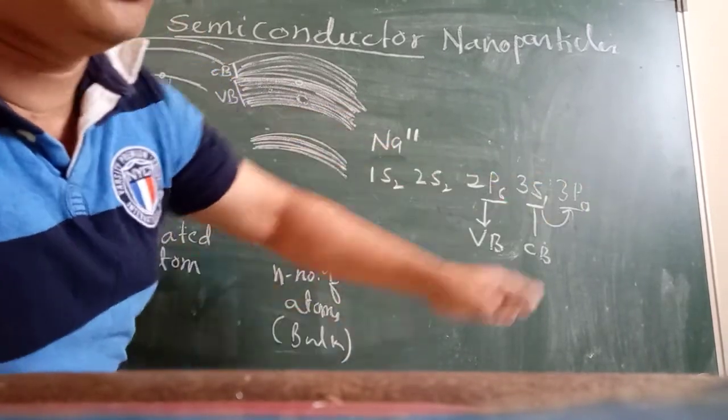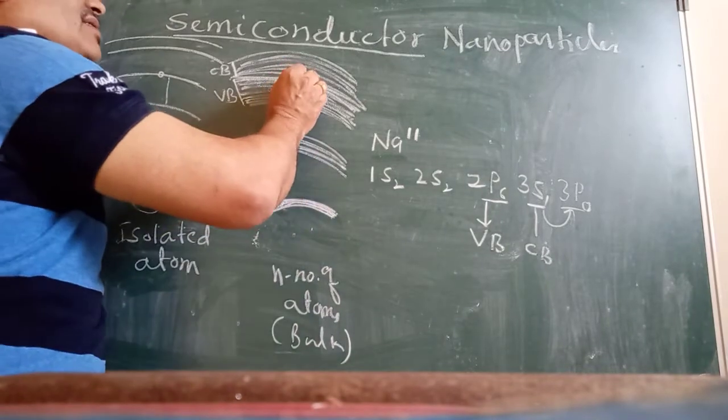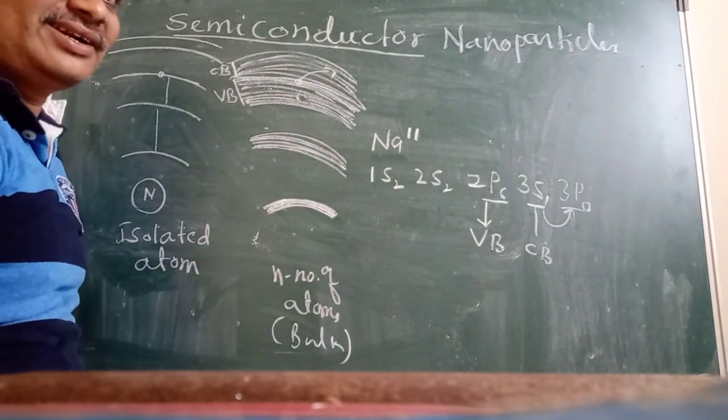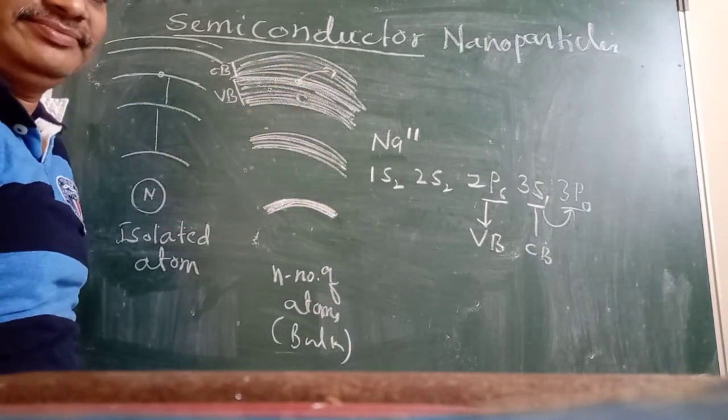So electrons are free to move anywhere, and we get free electrons in the case of metals.